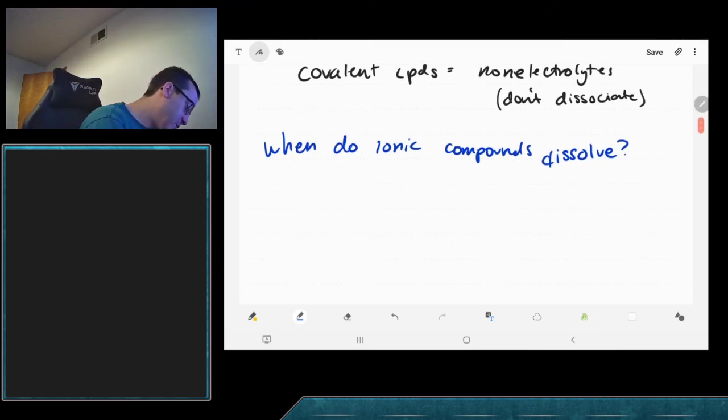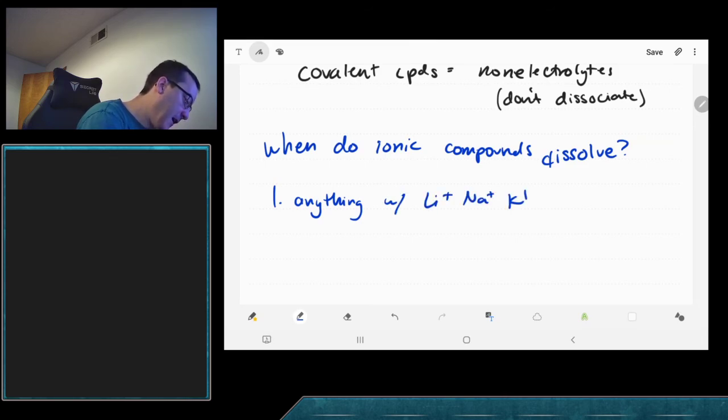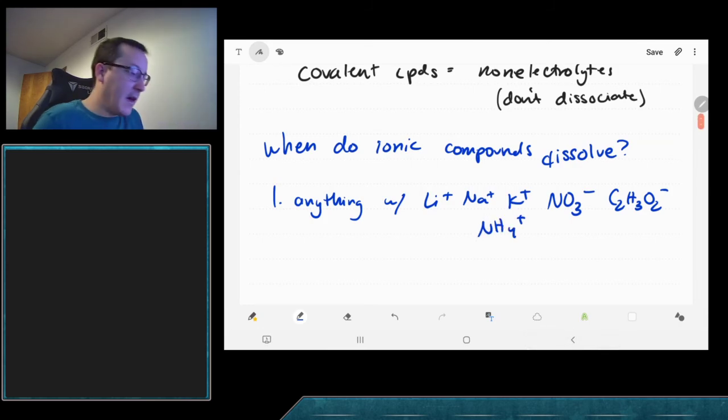So rule number 1 is anything with any of these ions. Any of those 6 ions, if they are present in your compound, will make it soluble.